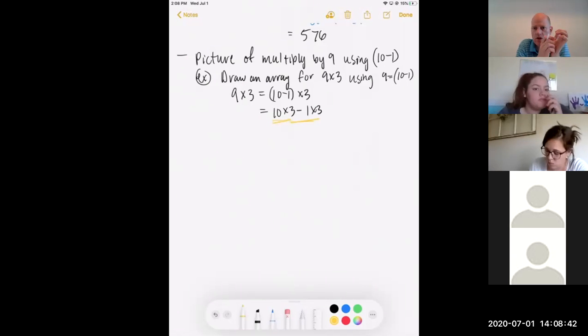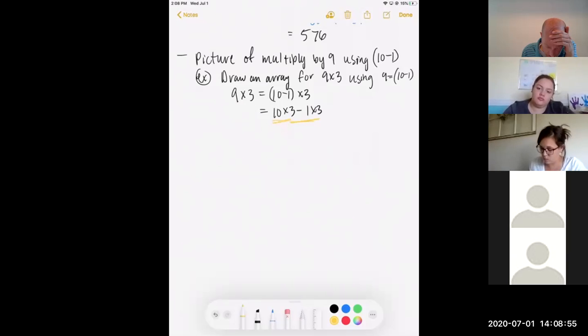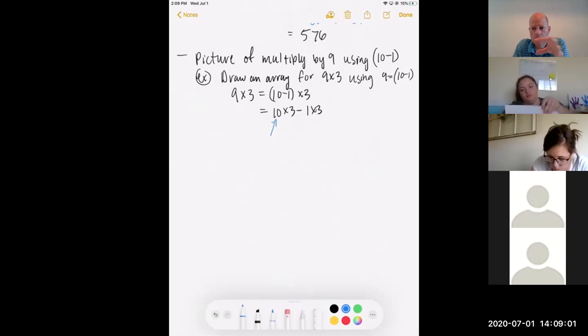When you draw a picture of subtraction, you want to show crossing out or take away. We're going to depict 10 times 3, and we're going to show crossing out 1 times 3. An array is a rectangular arrangement of objects in rows and columns. For our array, it helps to know the meaning of this multiplication.